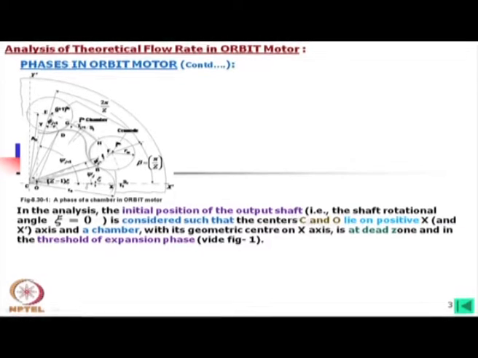The centers C and O lie on the x dash axis, and here is the x axis. The axis of the star and the x axis of the envelope coincide, whereas the y axis is away at the center distance CO, on the y axis through the center of the envelope.